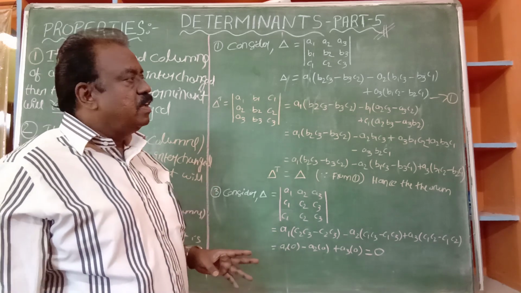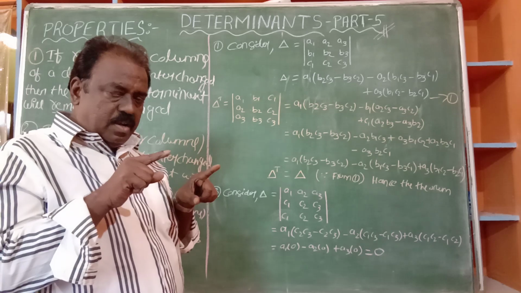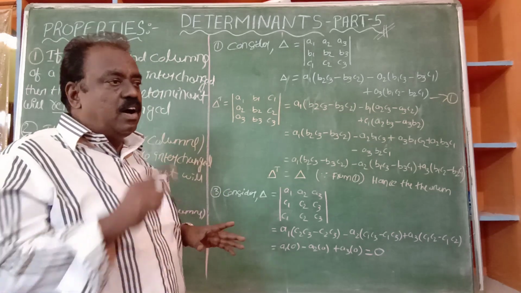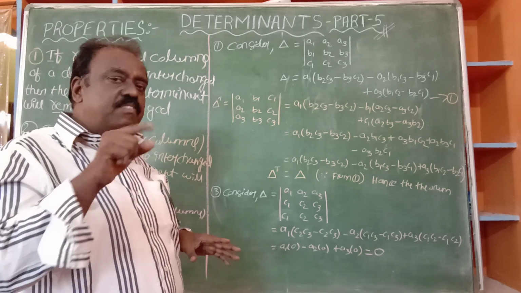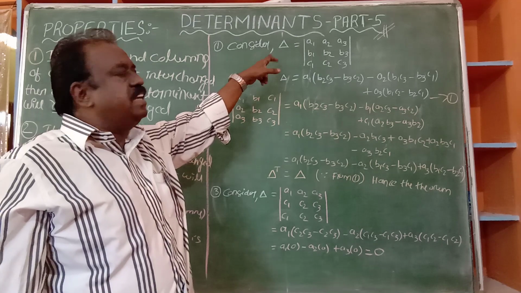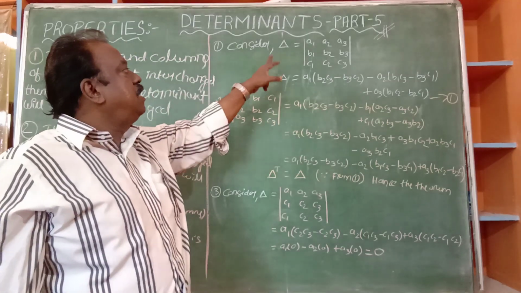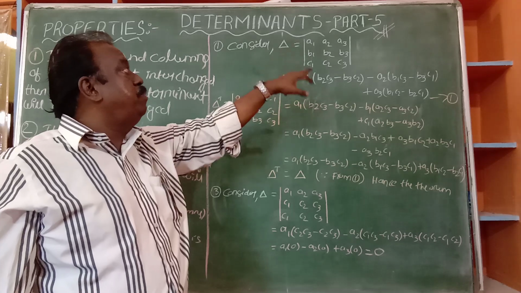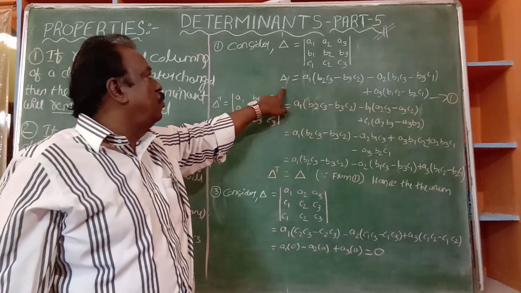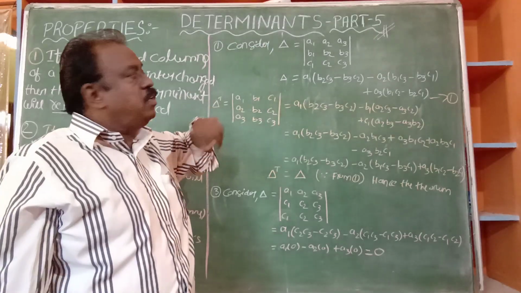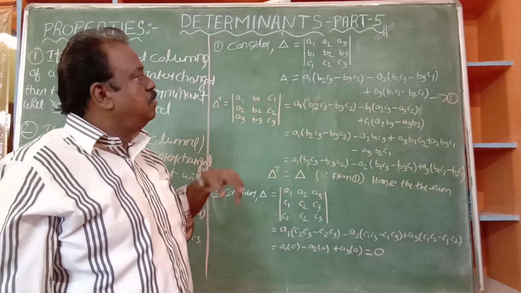Then, writing A with the modulus, it is a determinant, or det A. All are the same, or simply delta. Delta is equal to A1, A2, A3, B1, B2, B3, C1, C2, C3. That is the notation for delta.